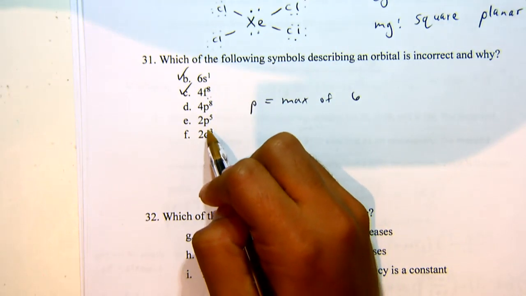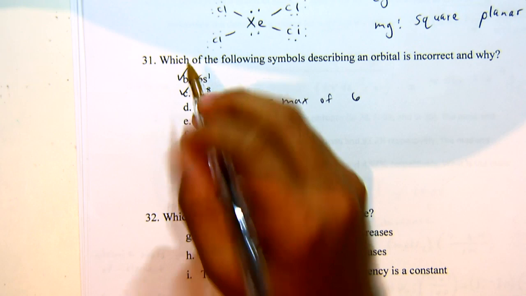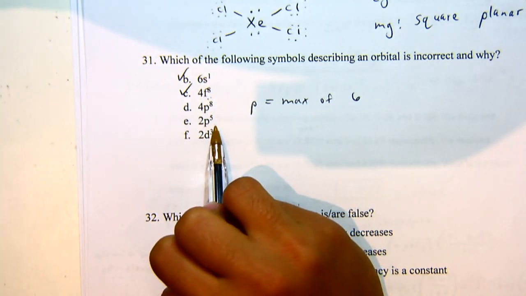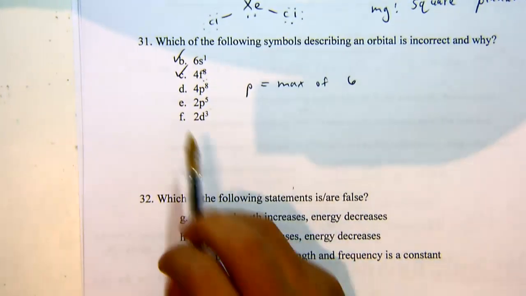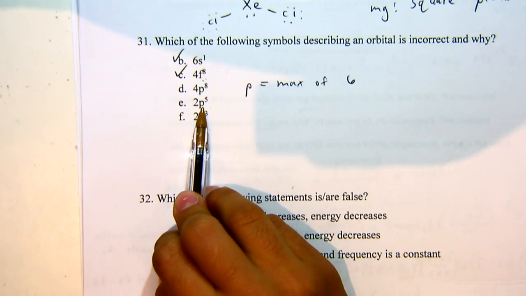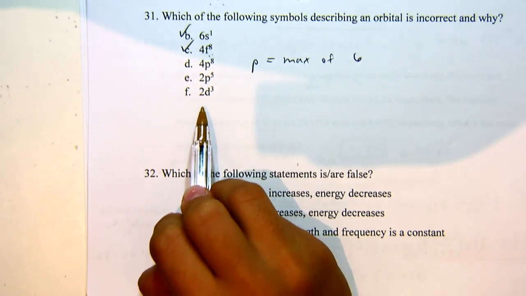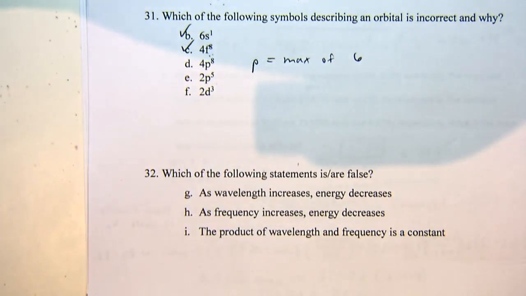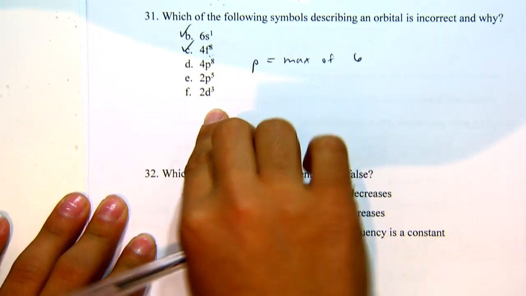Then our next one, is this right or wrong? Wrong? Okay, well, 2p to the 5th, that can exist, right? Yeah. That's why I asked you guys after I said wrong. And then 2d to the 3rd. This one is wrong because n equals 2 and d will never be together.